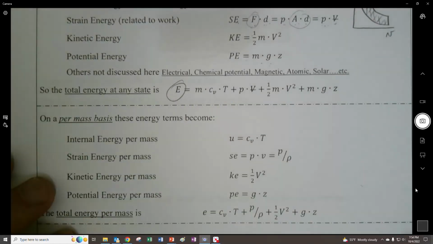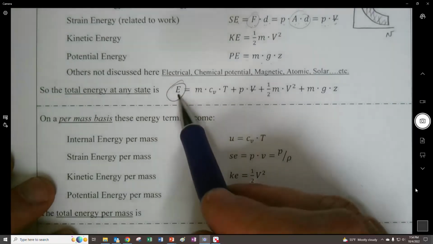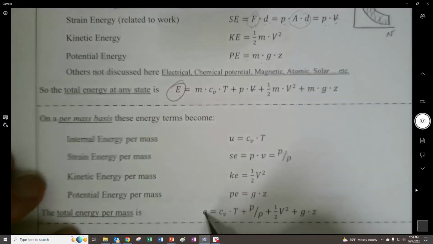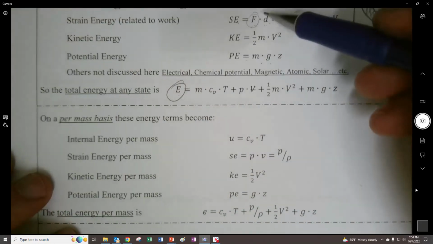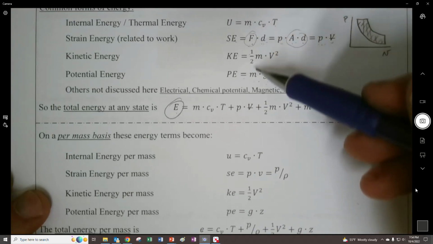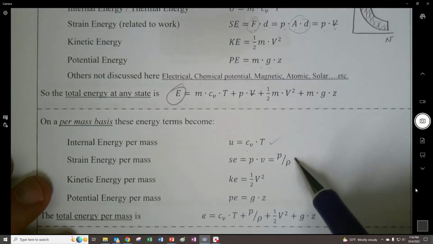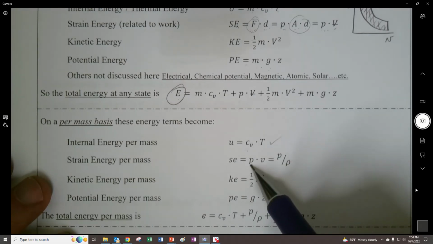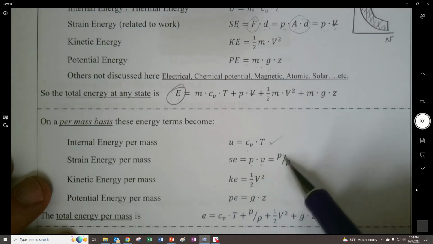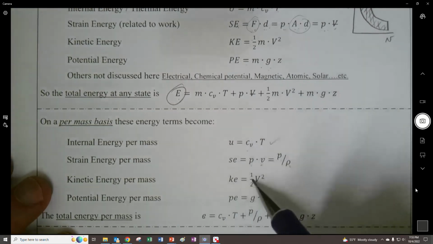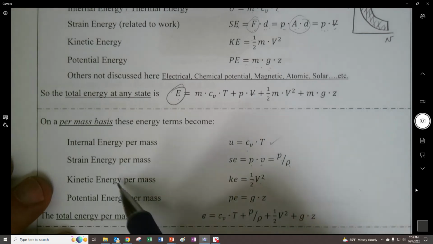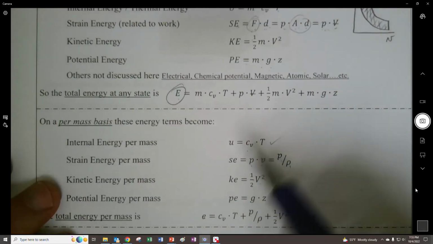Because we're talking about Reynolds transport theorem, this is the big E. We want to talk about the little e, so we can just divide all of these by mass. If you do, these all simplify down. Notably, this turns into pressure times specific volume, which is the same thing as pressure divided by rho, and 1/2 v squared for the kinetic energy per mass.